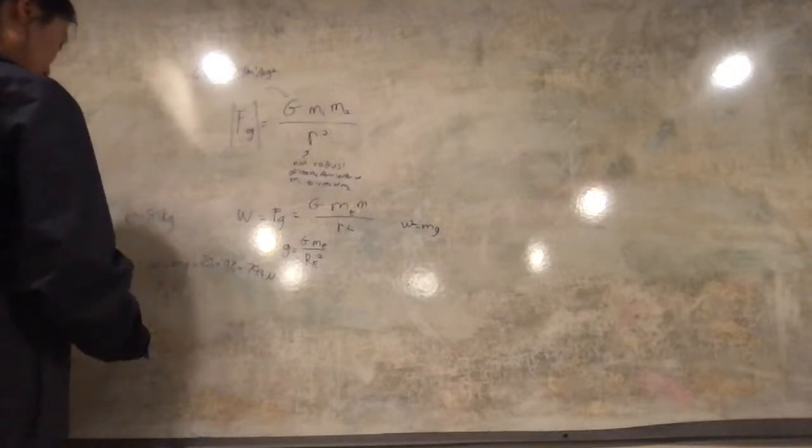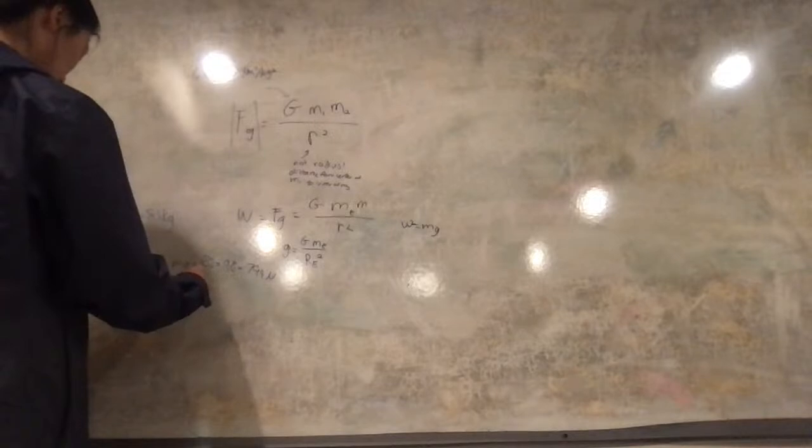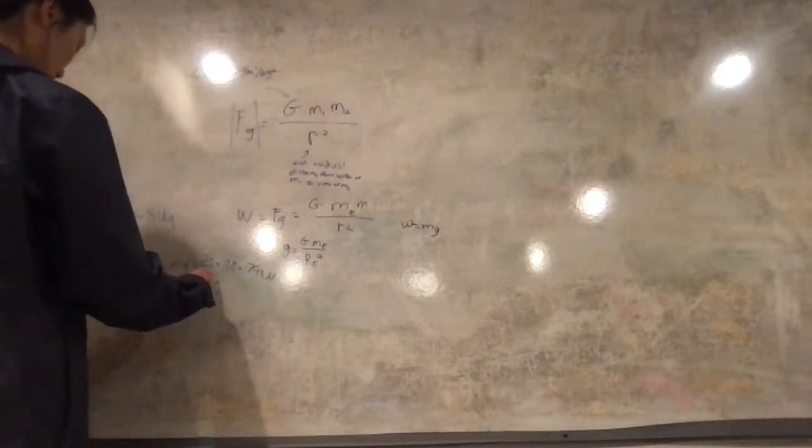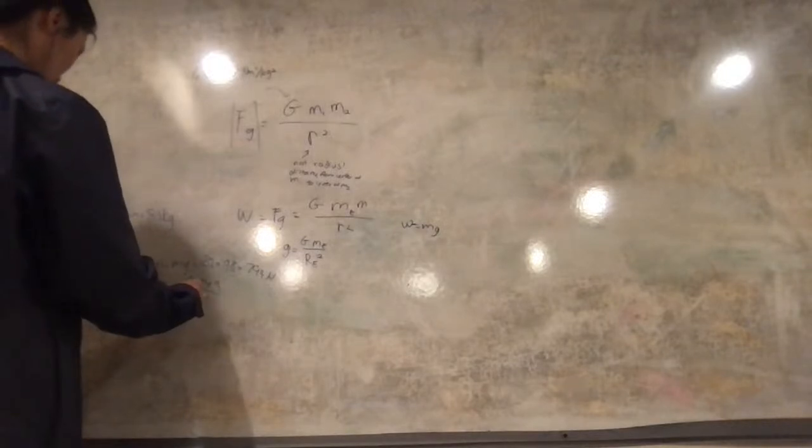You can also use the formula for force of gravity, which is the same thing as weight, equals G times mass of Earth times mass, 81 kilograms, over r squared, which would be the radius of Earth in this case. And you should also get 794.